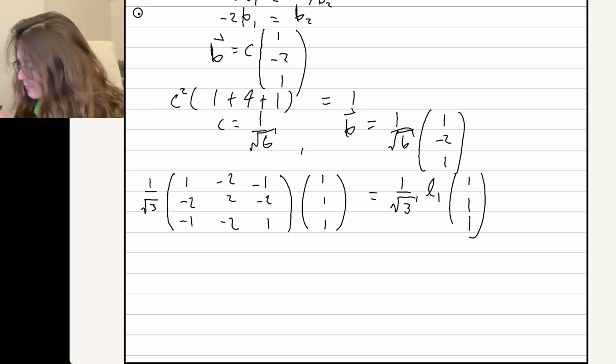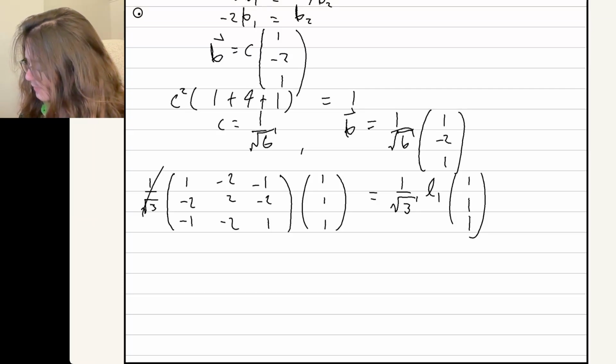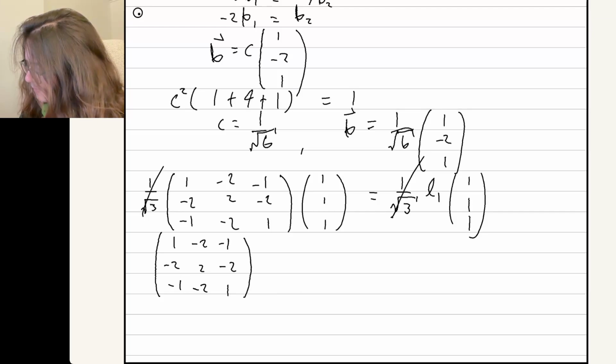Doing the matrix multiplication and canceling out the 1 over root 3, on the left-hand side we have 1 minus 2, 1, minus 1, minus 2, 2, minus 2, minus 1, minus 2, 1. Incredibly easy multiplication there. And on the right-hand side, it's L1 times 1, 1, 1.